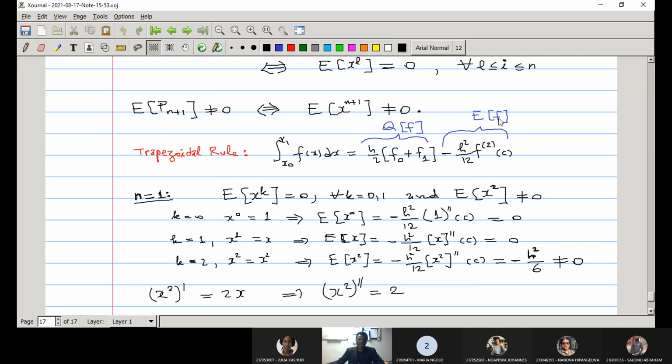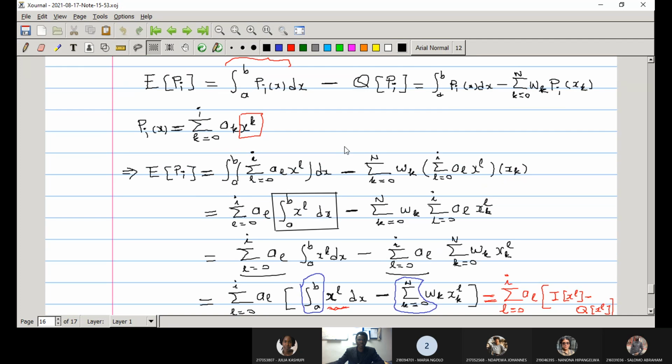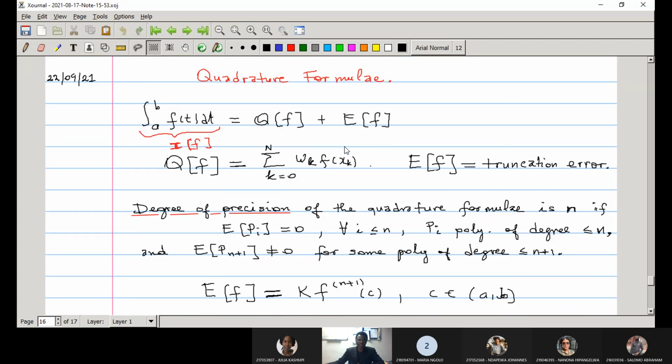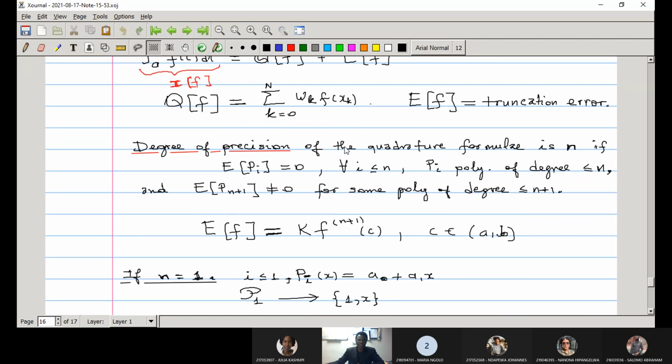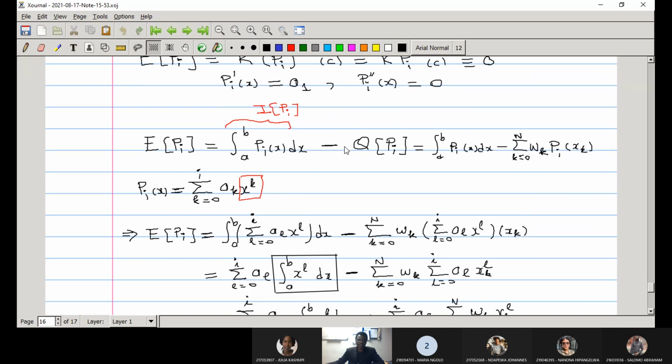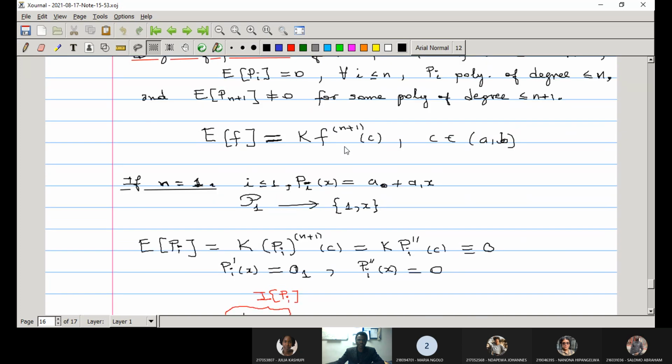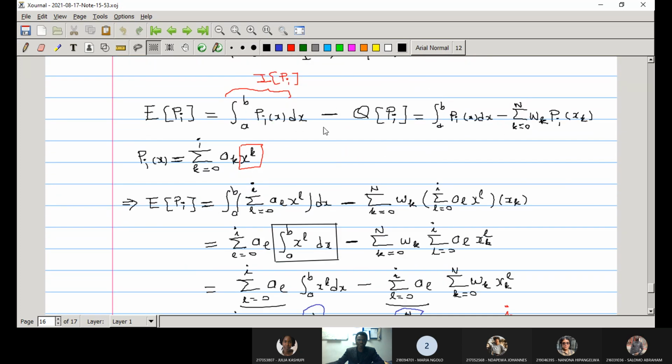So we can write the error term as the difference between the integral and the quadrature formula. We are going to use this formula.